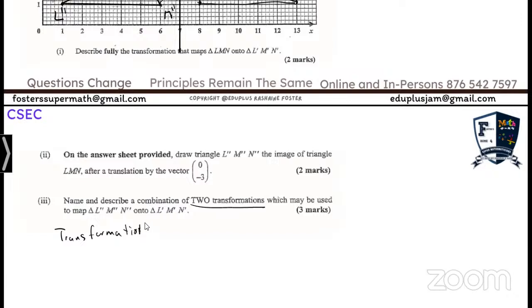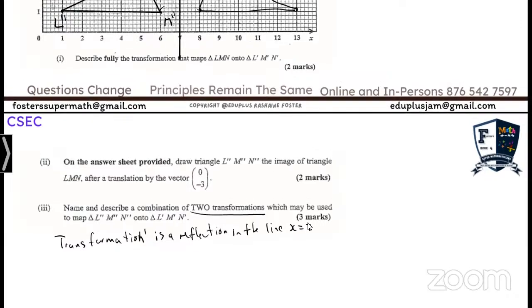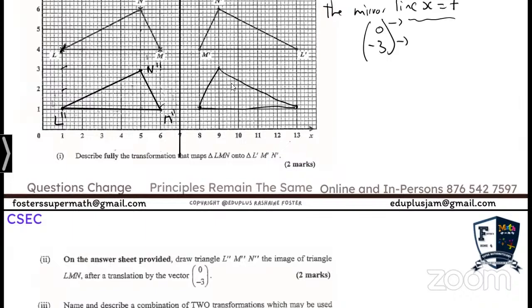If they said name and describe one combined transformation, then we would do that. So transformation 1 is a reflection in the line x equals 7. When we do that, that's going to bring us over here.